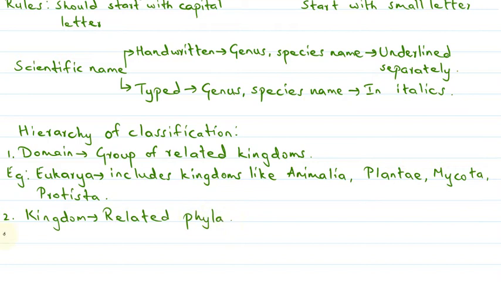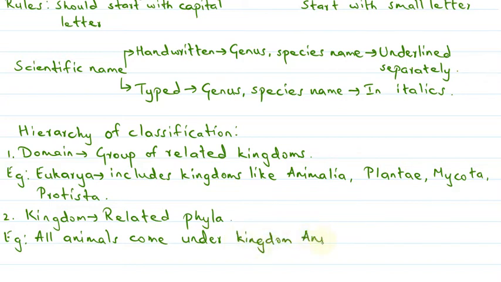For example, all animals of different phyla come under the kingdom Animalia.